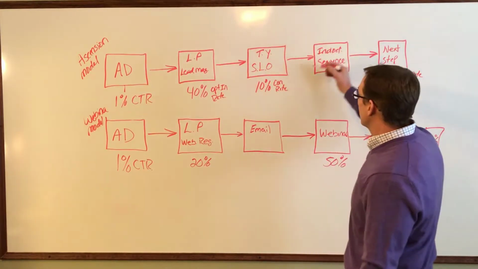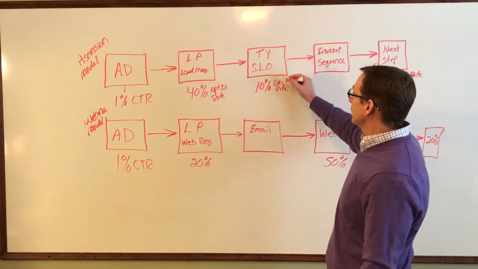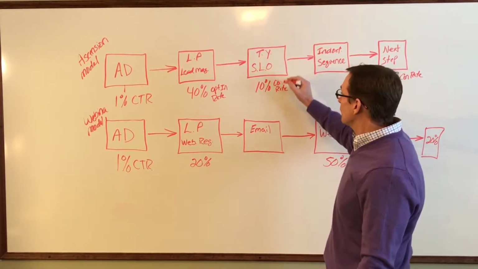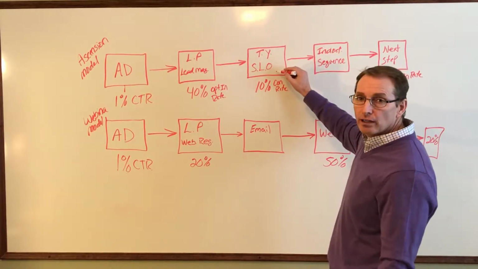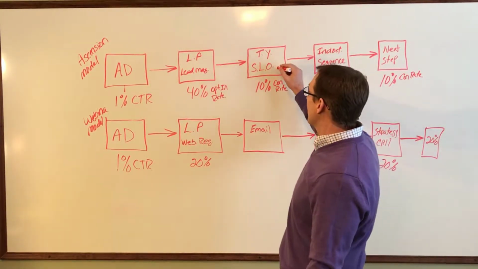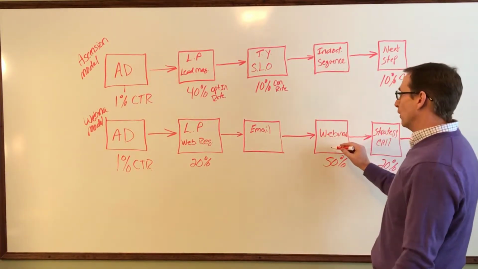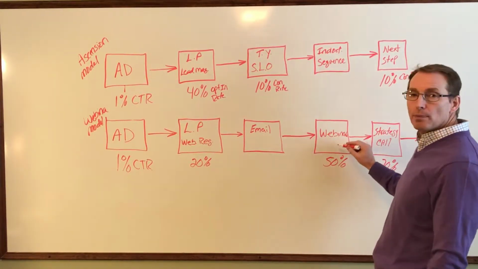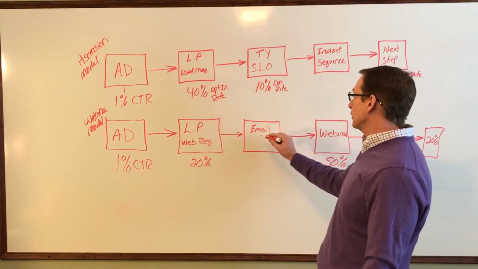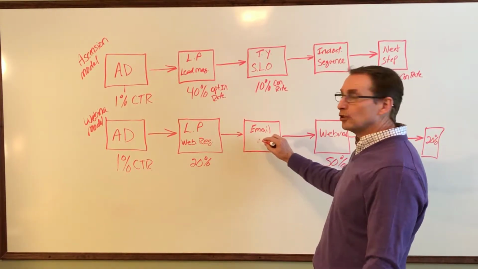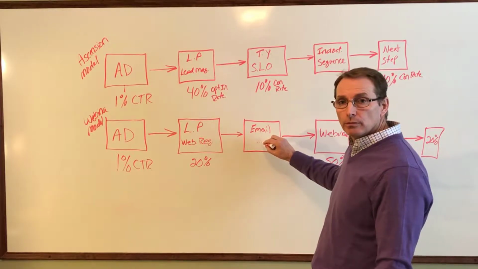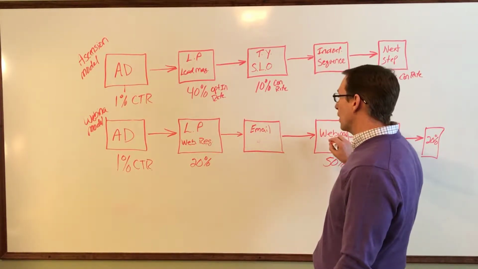Same with the 10% conversion rate. If people are hitting this page and they're not converting, then you need to strengthen that video sales letter. Same with the webinar. If you're not getting 50% of the people to the webinar, then you have a problem here. You need to strengthen that email sequence up to entice people to get on that webinar.